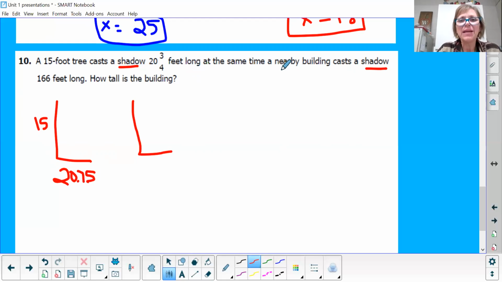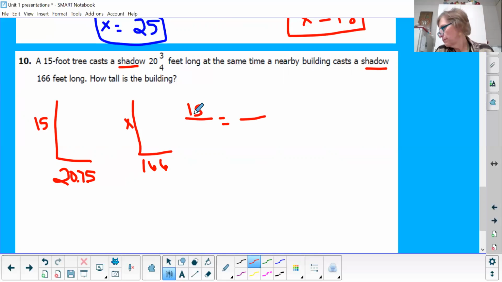Okay. At the same time, a nearby building casts a shadow of 166 feet long. So 166 because it is the shadow. How tall is the building? So I'm going to write the proportion. 15 and X are on top. Sorry about that.